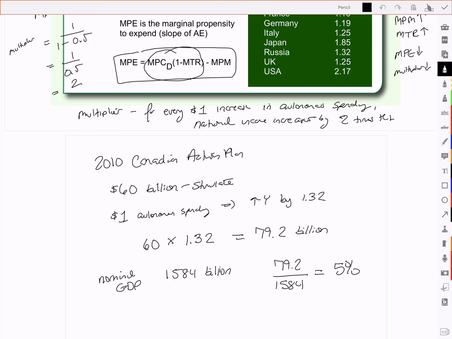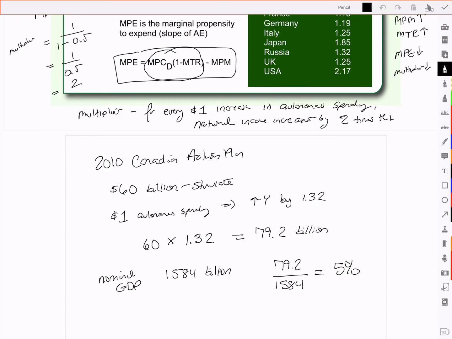If your multiplier is 1, then if you want to stimulate the economy $79.2 billion, you have to spend $79.2 billion. So how big the multiplier is really determines how much the government has to spend to stimulate the economy, and whether or not fiscal policy, using government spending to stimulate the economy, is even worthwhile.